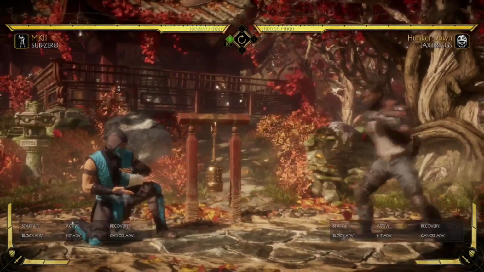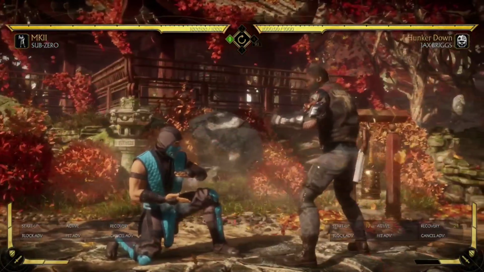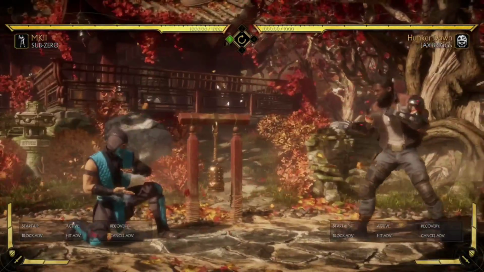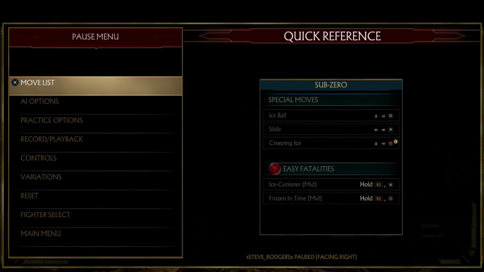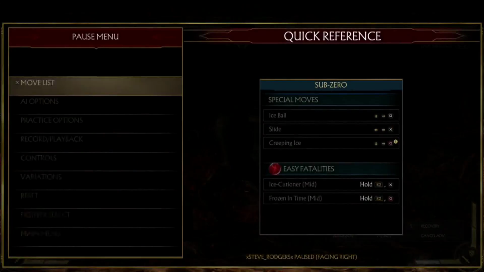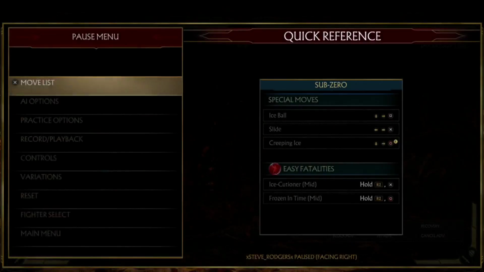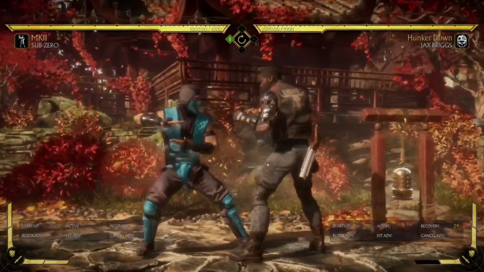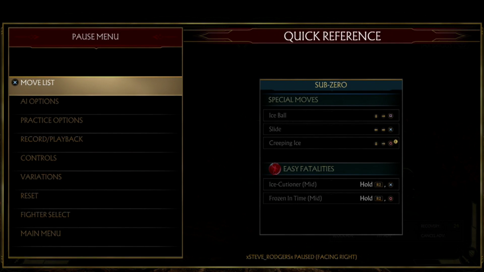This move doesn't recover in 24 frames, meaning once the attack whiffs, you have 24 frames to punish him, from the startup, from the minute you amplify it, right? From this point right here, it takes 24 frames to go from that to this and then guarding.